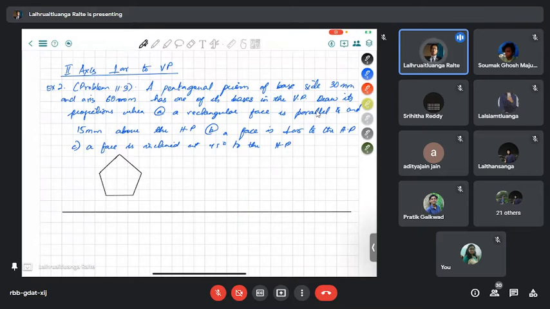All right. So we have one face parallel and 15 mm above the horizontal plane.